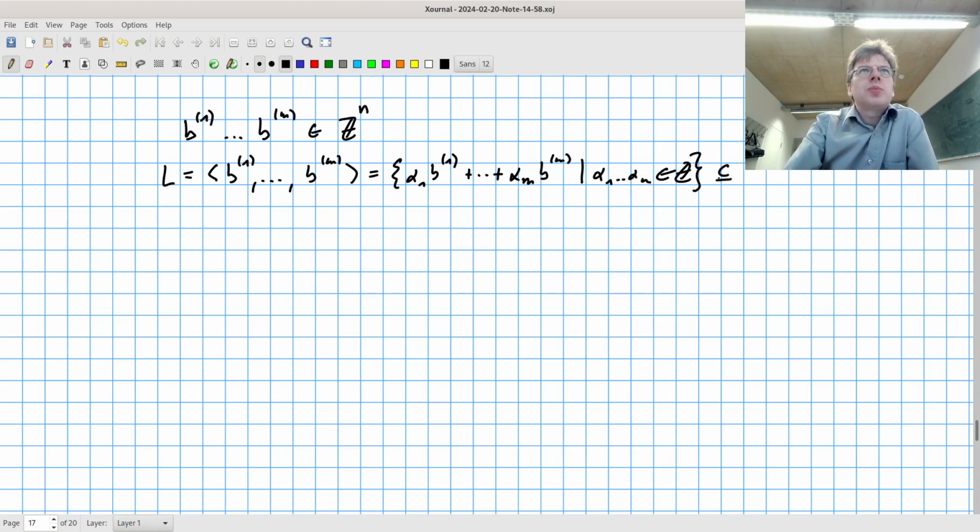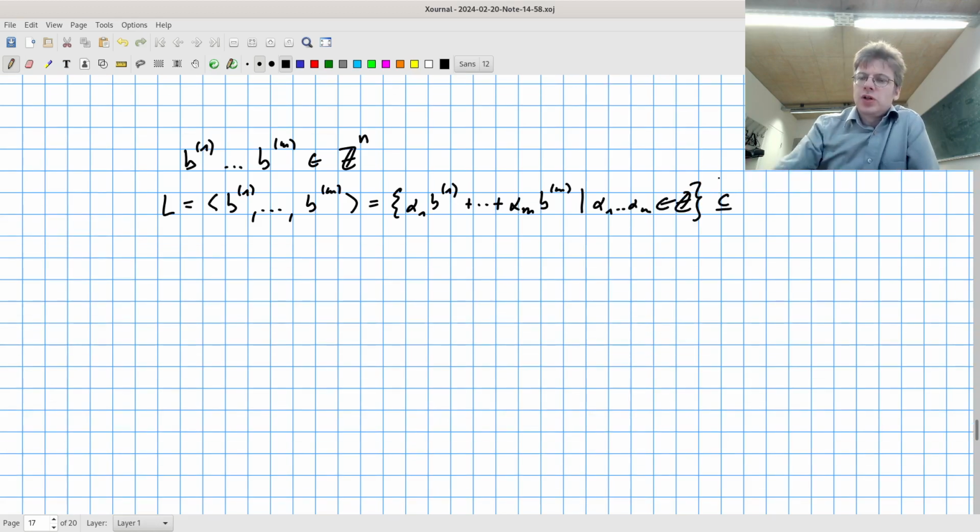So that's a certain subset of Z to the n, and such a subset is called a lattice. And the b's are called a basis of the lattice, and the question we were dealing with was how can we find short elements of the lattice?